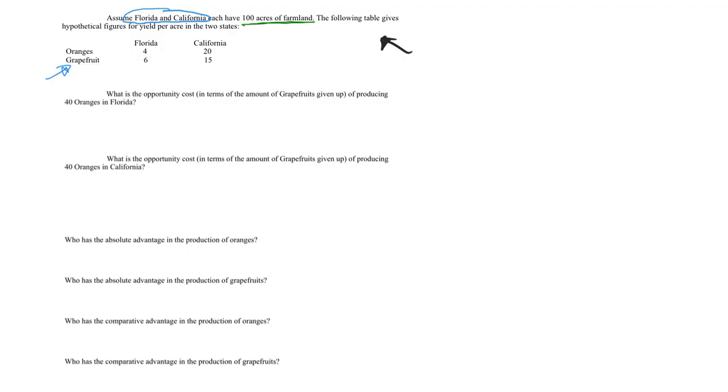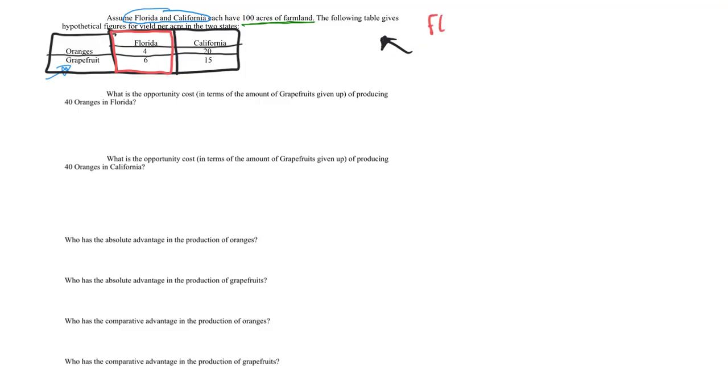So I want to really talk about what this table is telling us, right? It gives us what we call a matrix here. I'm going to draw some lines so we can really see what's going on here. This right here, 4, is connected to Florida and oranges. This 6 right here is connected to Florida and grapefruits. So what that is telling us, I'm going to make this box in red.